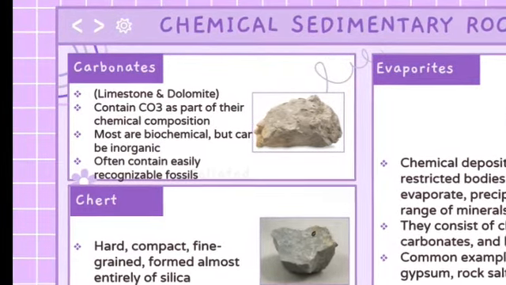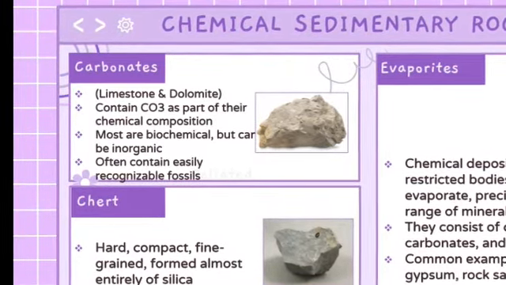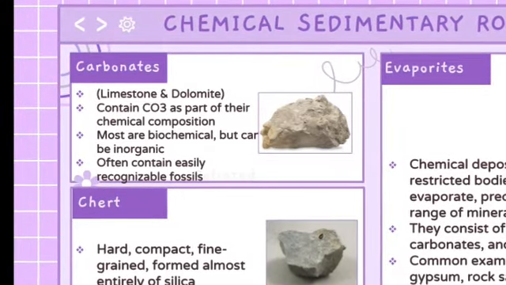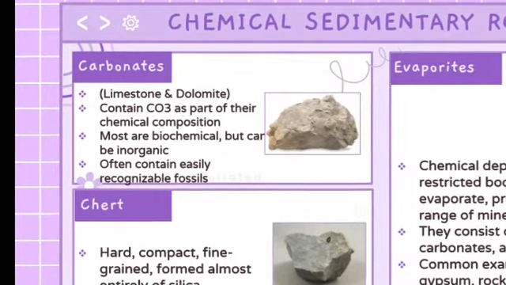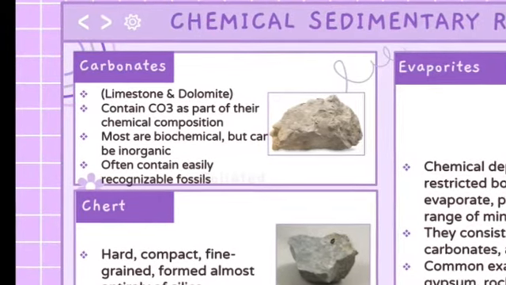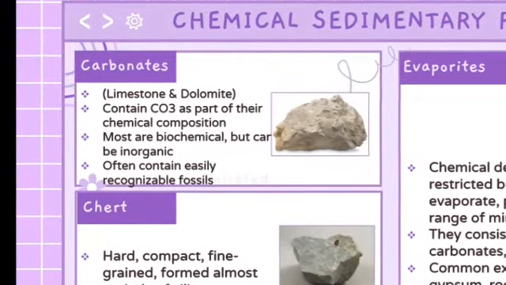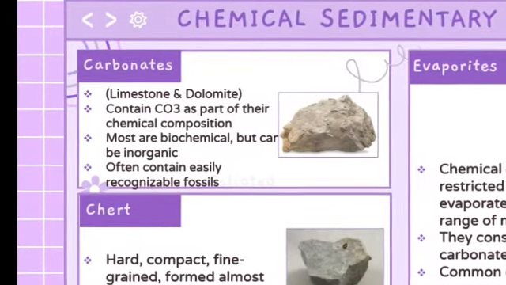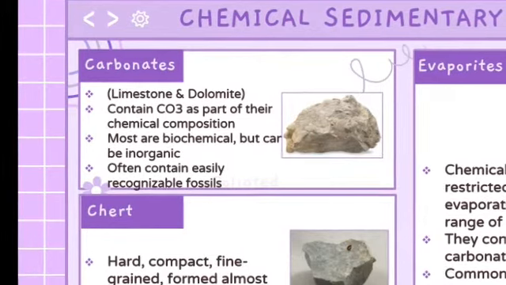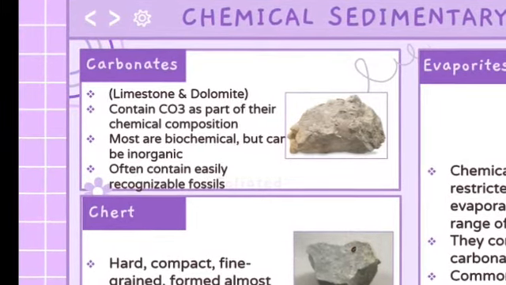Evaporites form when saline waters like lake or ocean water evaporate. Evaporite deposits do not involve a single chemical precipitate, but instead consist of chlorides, sulfates, carbonates, and borates. A common example of evaporites are rock gypsum and rock salt.